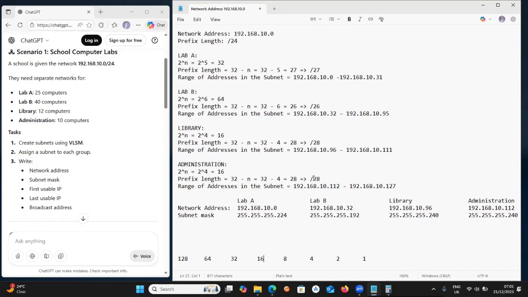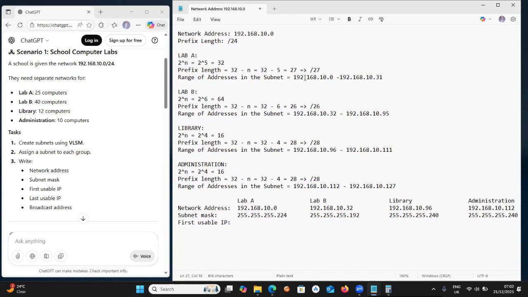Now that we have done that, we don't need this again. Let's remove it. So the first usable IP is the next IP to the network address.